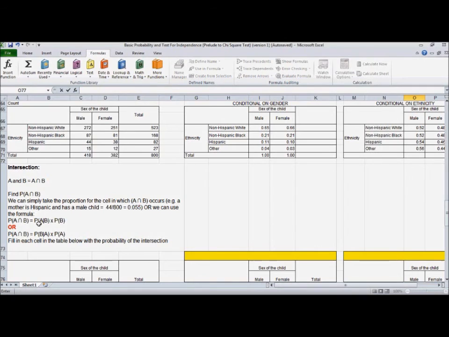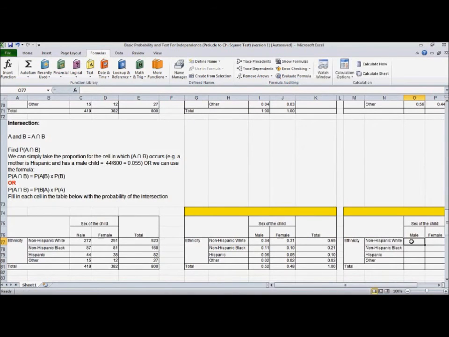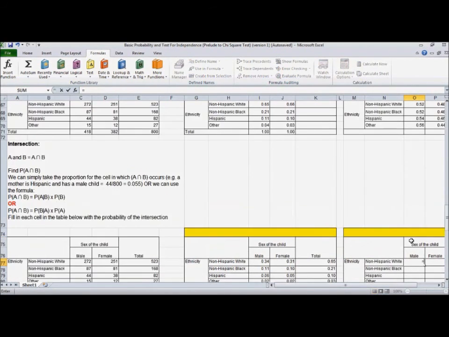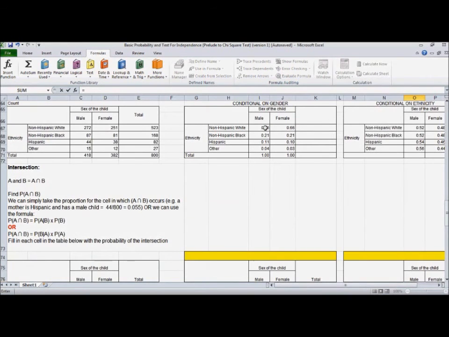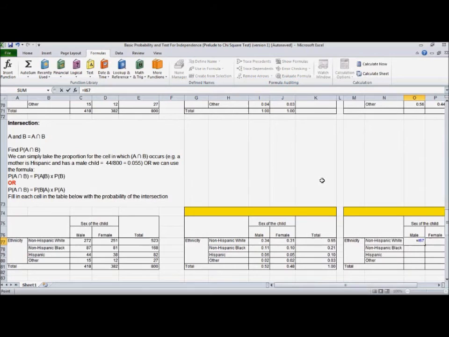So probability of A given B is the probability of non-Hispanic white given male, and we see that probability here in this table. This is conditional on gender, right? So in this formula we can say it equals this value here. Now we're multiplying by probability of B.